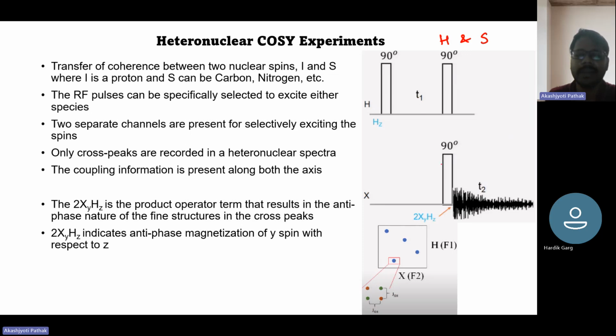Following the 90-degree pulse, 2XY is obtained. So you only get the cross peaks. There are no diagonal peaks obtained in a heteronuclear COSY experiment. Is it clear?